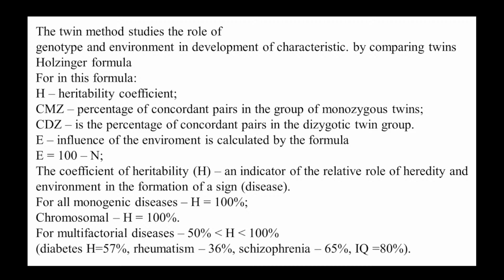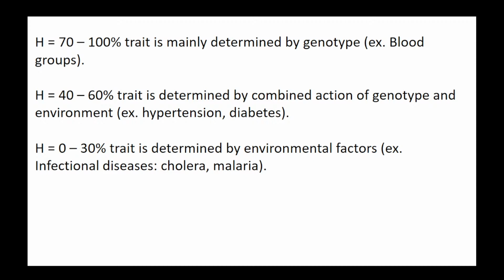So it means the environment and inheritance play an important, almost equal role, but inheritance has more role in the development of schizophrenia than environment. In rheumatism, we can see that the main role is played by the environment. In diabetes, both environment and inheritance.